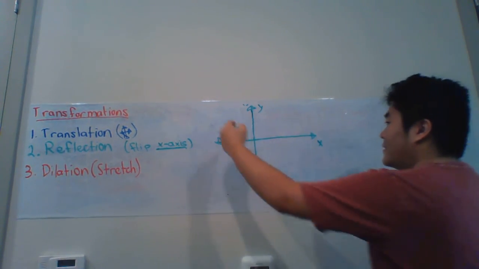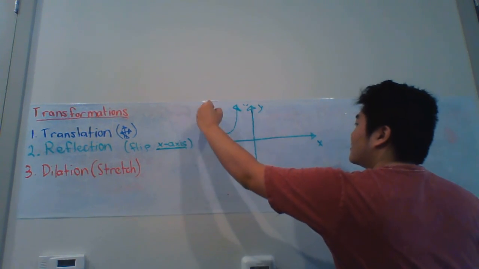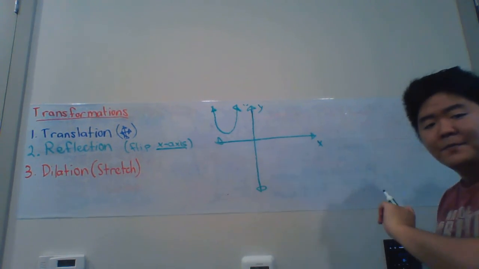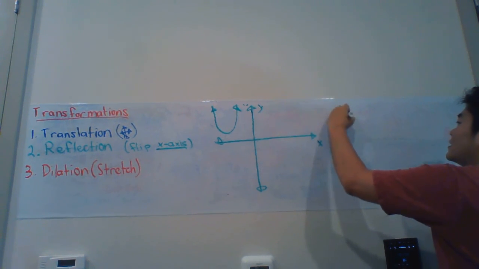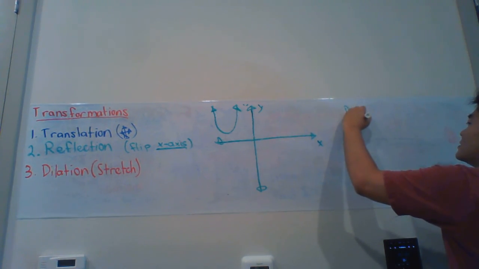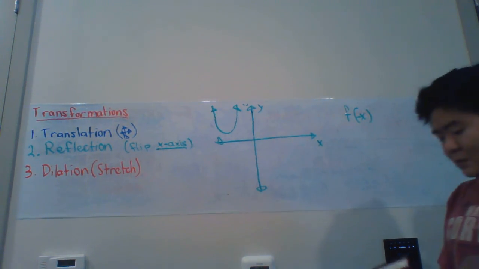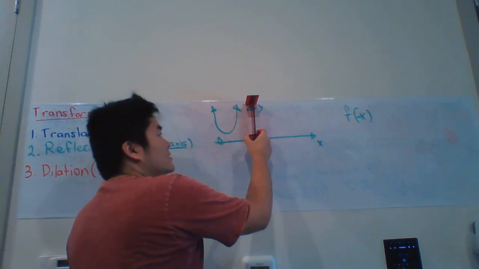So if I've got this parabola right here, I've translated it to the left and a little bit up. And I want to convey to you f of negative x. What I can do, I'm reflecting over the y-axis.